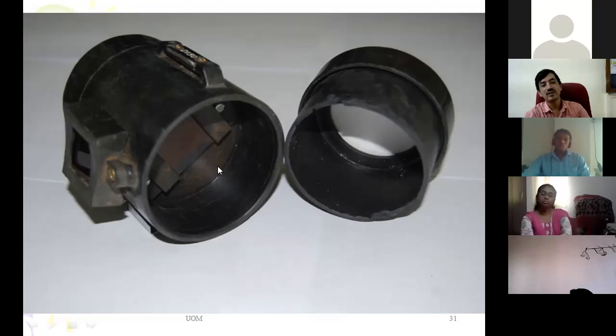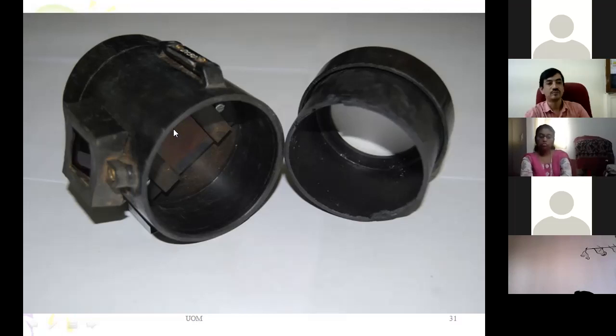Only alpha particles which are emitted from a certain distance inside this chamber, in this direction, will cause tracks in this film. Similarly, in this chamber also, on this film, alpha particles emitted by radon, thoron, actinon, and all their progenies will make tracks on this film.